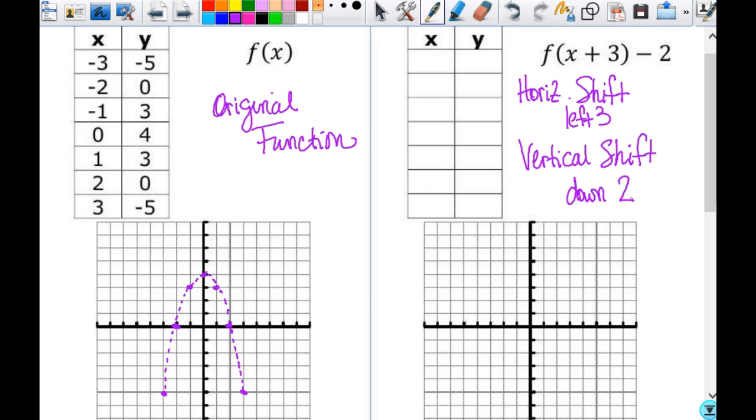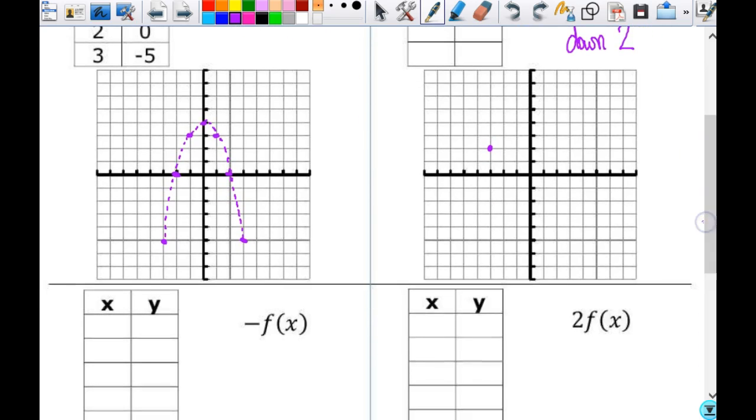All right, so knowing that, you can take your original function. We've got this point that we know was at 0, 4. 1, 2, 3, 4. That's where we were. So I'm supposed to go to the left 3, 1, 2, 3, and down 2, 1, 2. There's my new point, right? So as far as graphing is concerned, the rest of the stuff just goes along with it. So I know that I have these 2 points here, right?